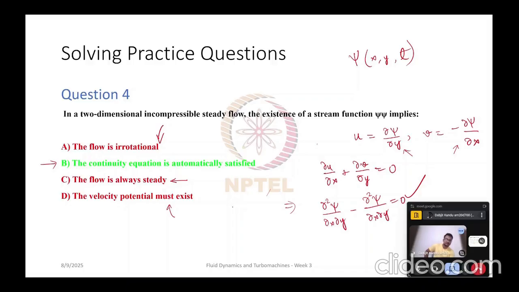So this is the benefit of using the stream function, that simply by definition it satisfies the continuity equation.